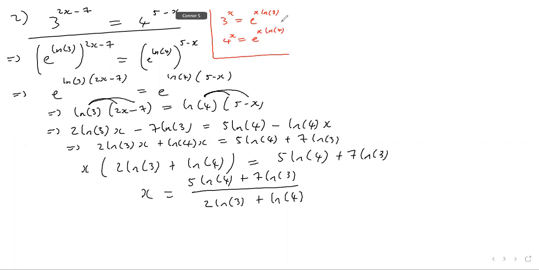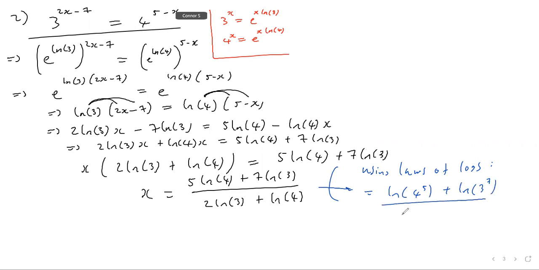Using laws of logs, you can write this result as ln 4 to the power 5 plus ln 3 to the power 7, divided by ln 3 to the power 2 plus ln 4.